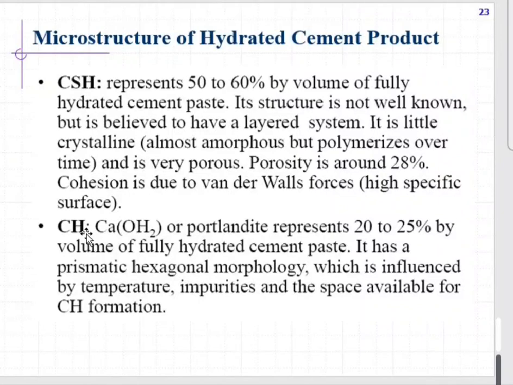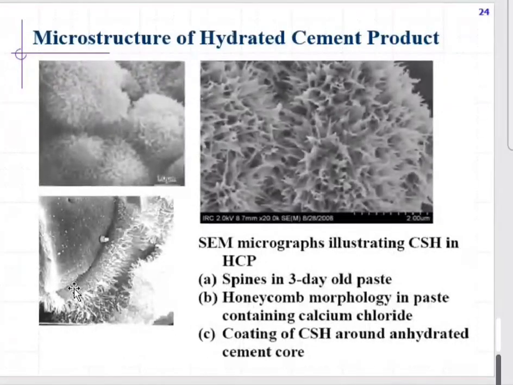So we need to stabilize it. It is most unstable, with a tendency to be affected by temperature and by impurities. Once these come and react with it, they make expansive compounds.